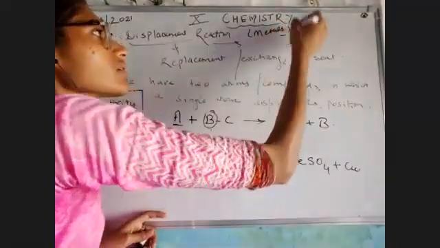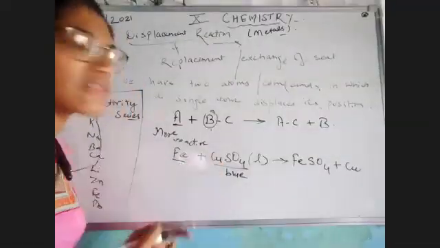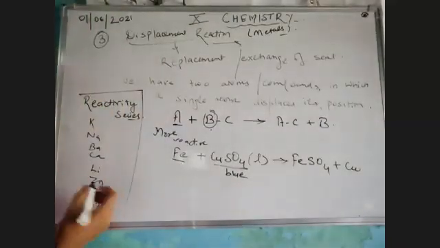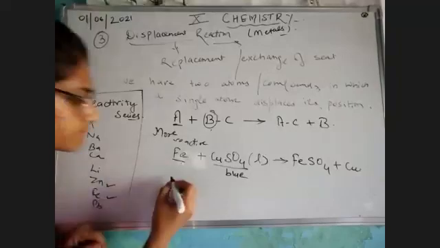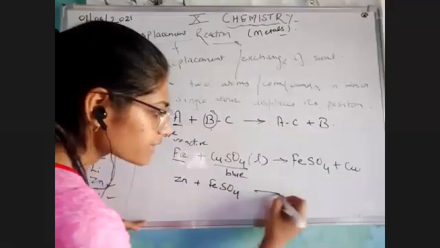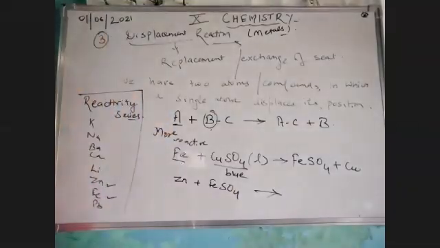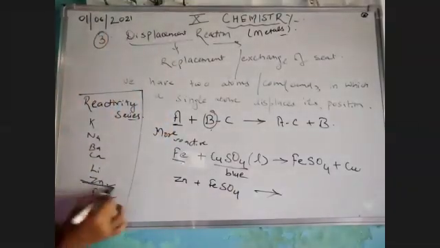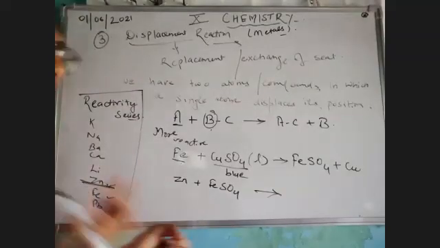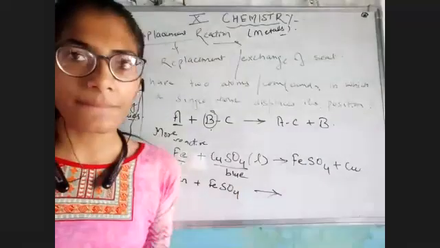Like we have iron plus copper sulfate, same as it is. Let's take another example: zinc plus ferrous sulfate. Now zinc is positioned above iron, meaning zinc has more capability as compared to iron.